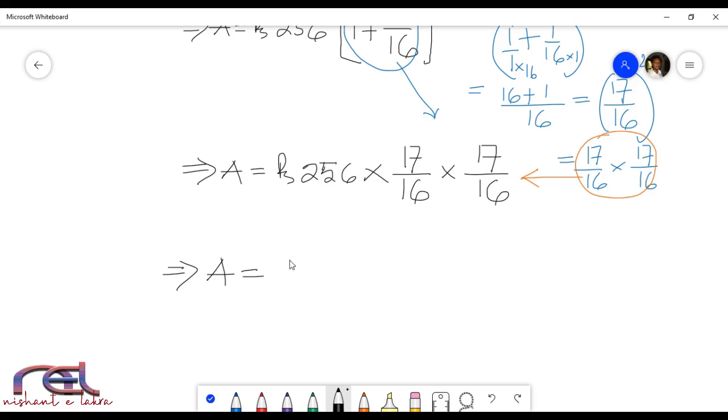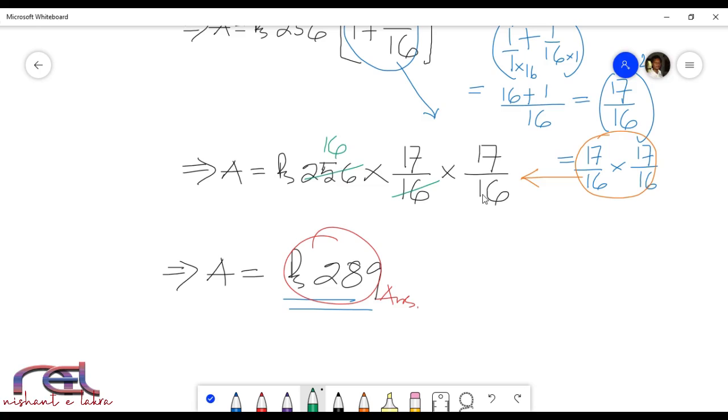So amount is equal to, after we simplify it, rupees 289. 16 into 16 is 256, and this 16 will be cancelled with the denominator 16.